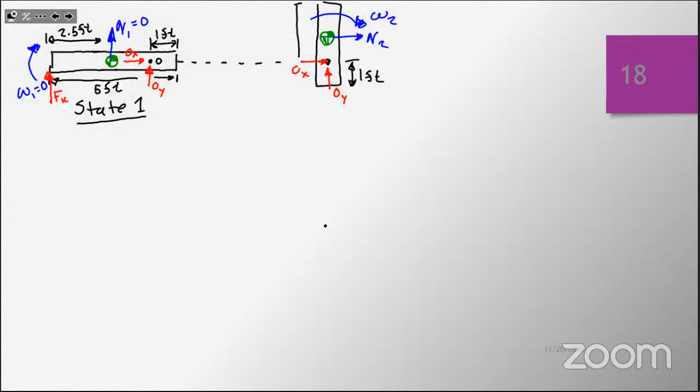The entire bar itself is still 5 feet. And so that means this distance has to be 1.5 feet, because it has to be the rest of the distance to recreate that 2.5 feet, because the center of gravity will still be at the same distance. State 2.